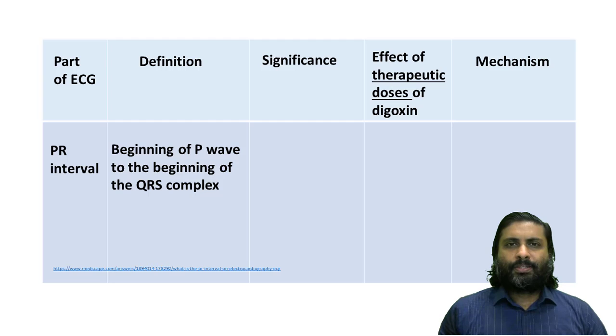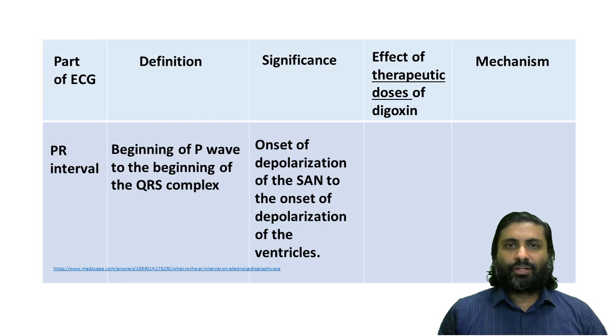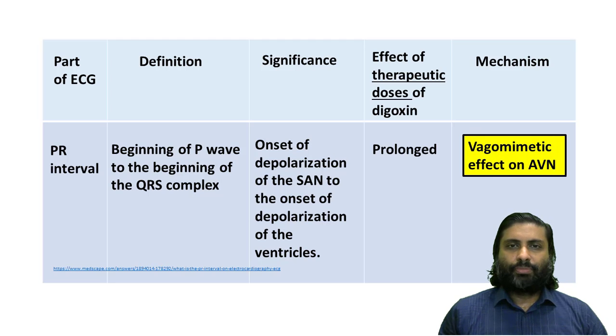It signifies the onset of depolarization of the sinoatrial node to the depolarization of the ventricles. We know that the cardiac glycosides like digoxin have got a vagomimetic effect on the AV node, and therefore we can correctly presume that the PR interval would be prolonged after the administration of digoxin.